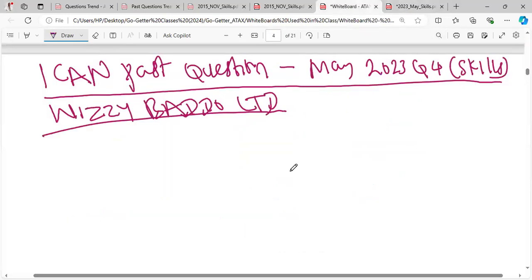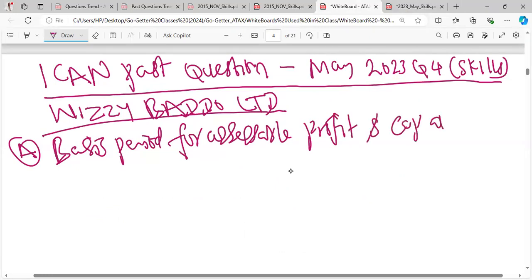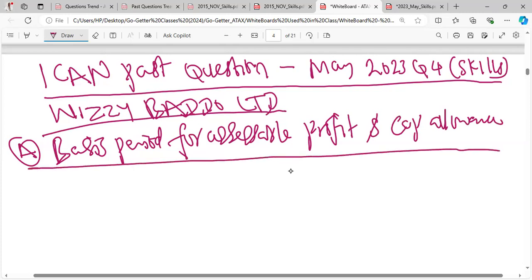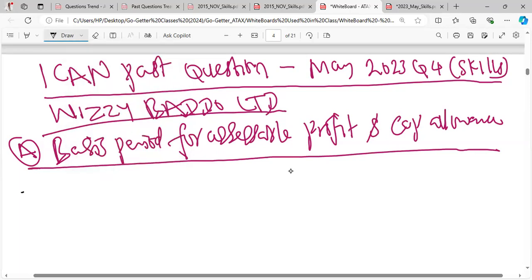So this is what we're going to do here now. Part A, basis period for assessable profits and capital allowances. Okay, so this is the way we're going to do it here.